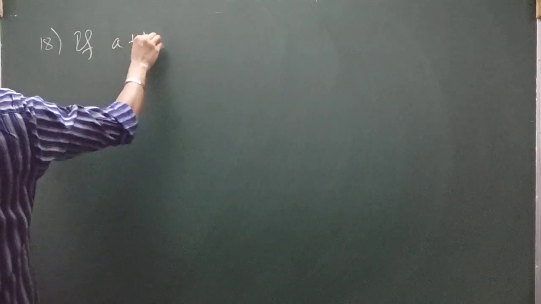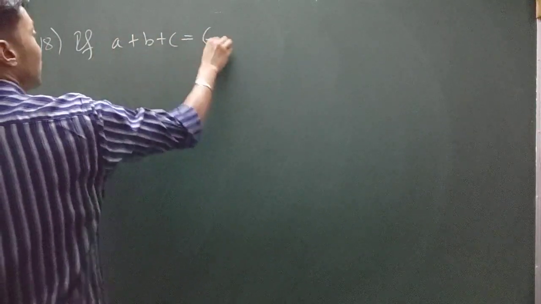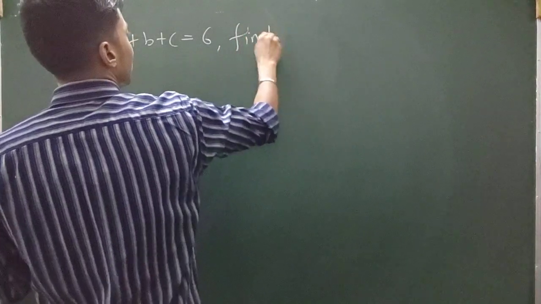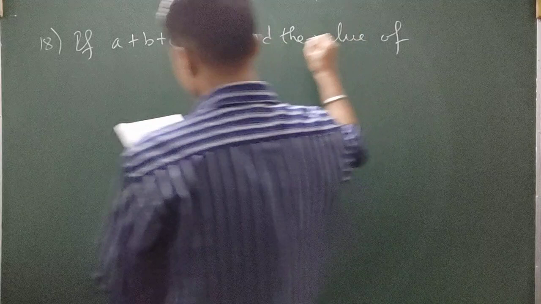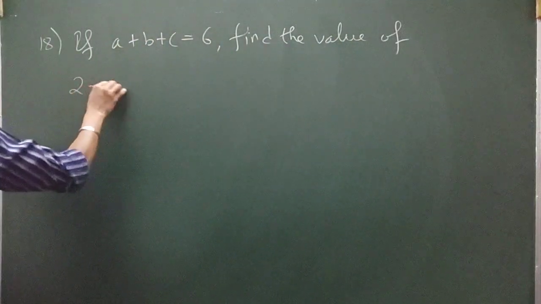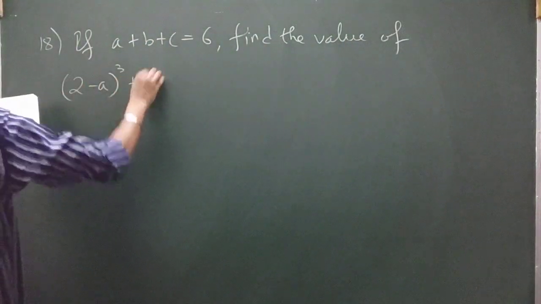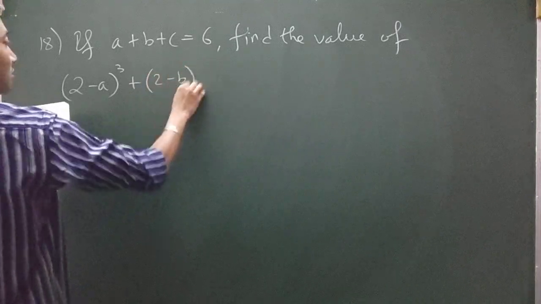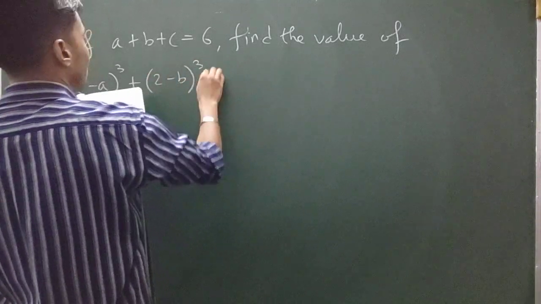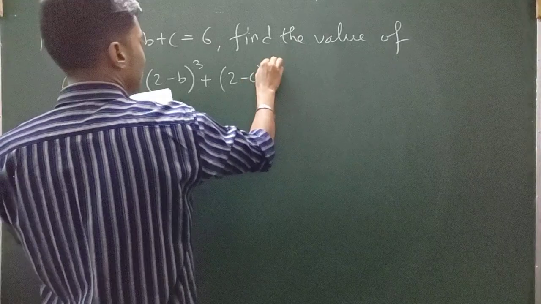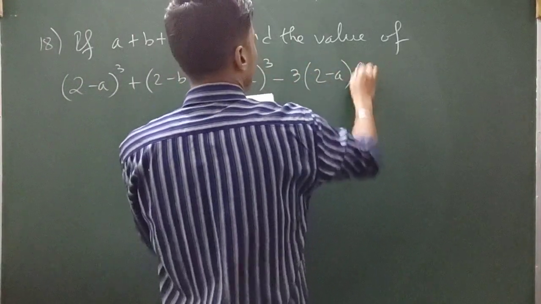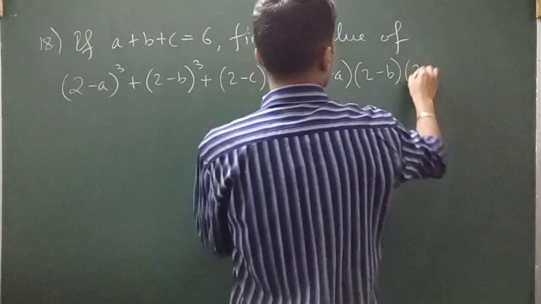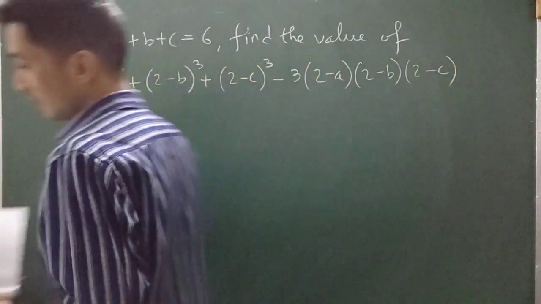If a plus b plus c is equal to 6, then find the value of (2 minus a) whole cube plus (2 minus b) whole cube plus (2 minus c) whole cube minus 3 into (2 minus a)(2 minus b)(2 minus c).